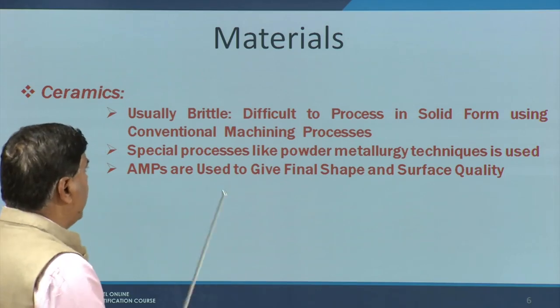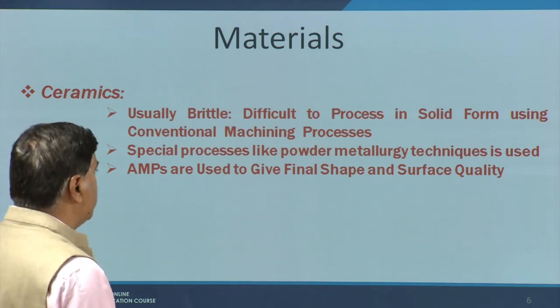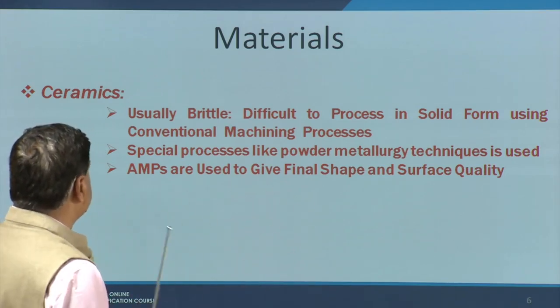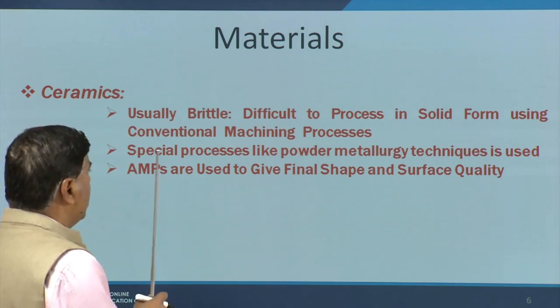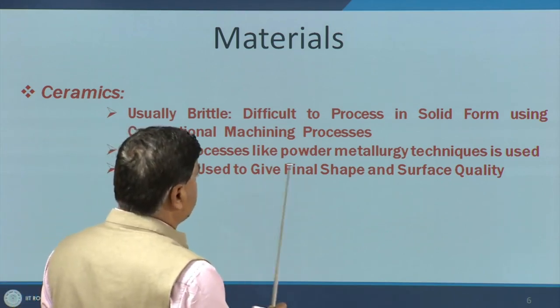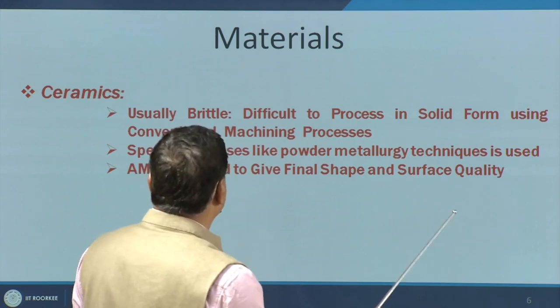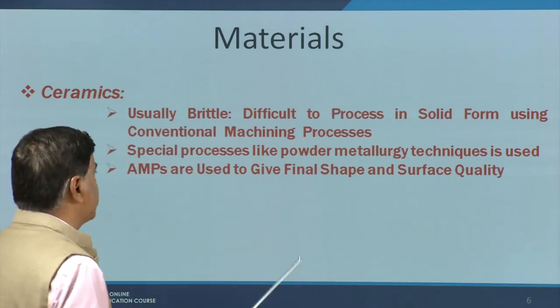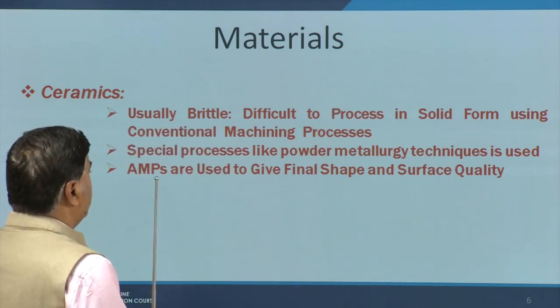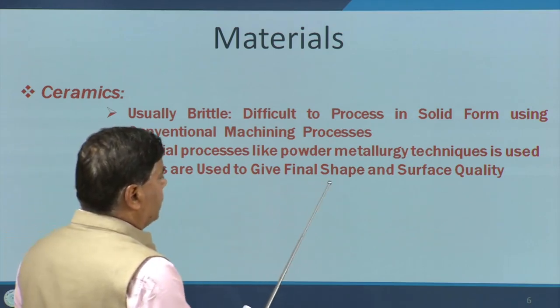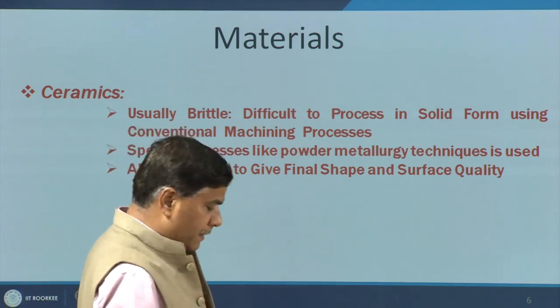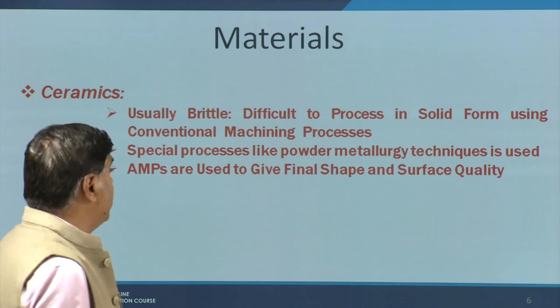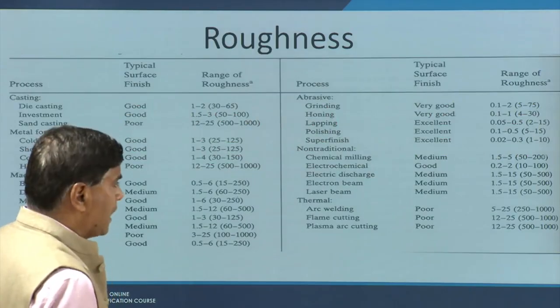Therefore, advanced machining processes are used for processing ceramic materials, and sometimes a special process like the powder metallurgy technique is used to get the desired size and shape, or an advanced manufacturing process can be used to get the desired shape and surface quality when using ceramics.